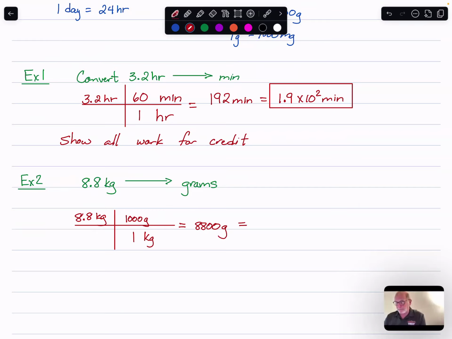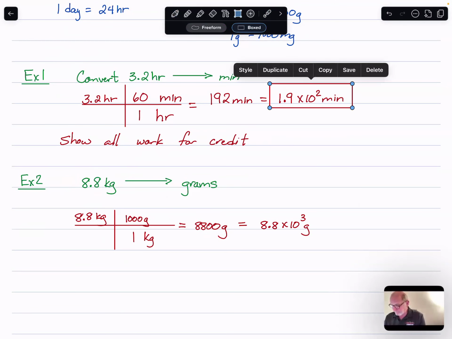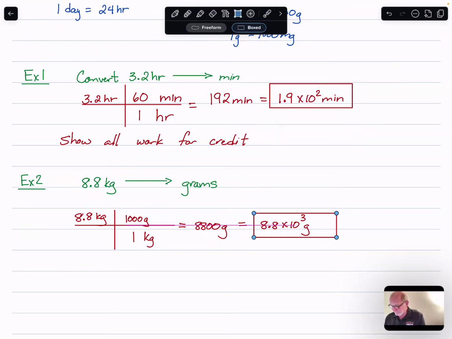My problem gave me 2 digits. That's clearly 4 digits. So 8.8 times 10 to the third grams. These are simple one-step problems. I hope you're finding them simple.